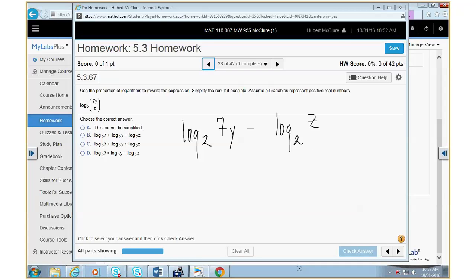What's wrong? Why can't we finish there? Right here is what? Multiplication. So I can make multiplication into addition.